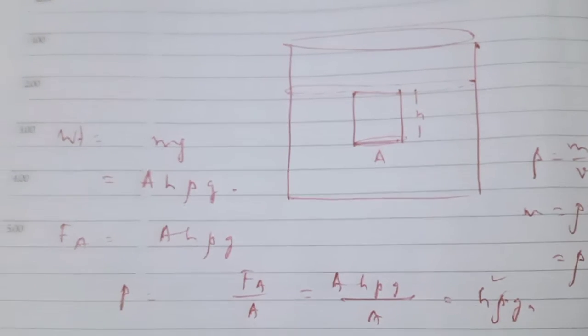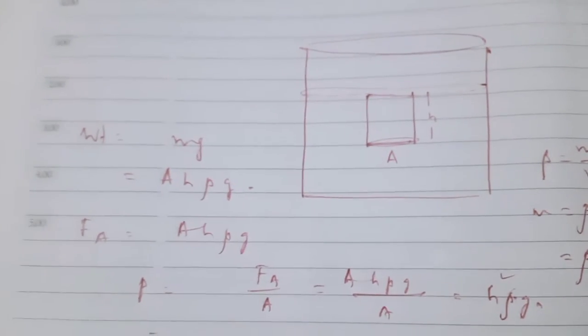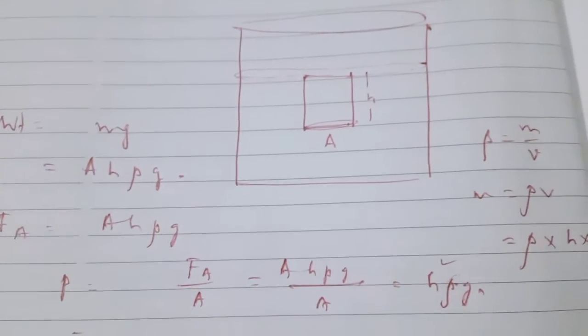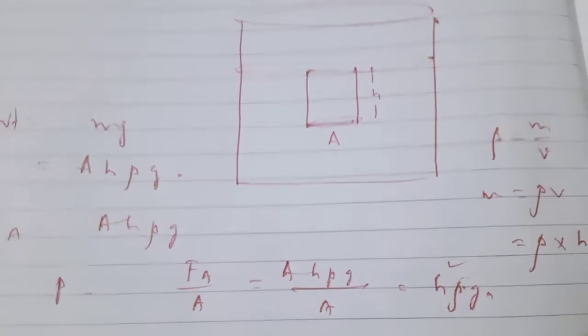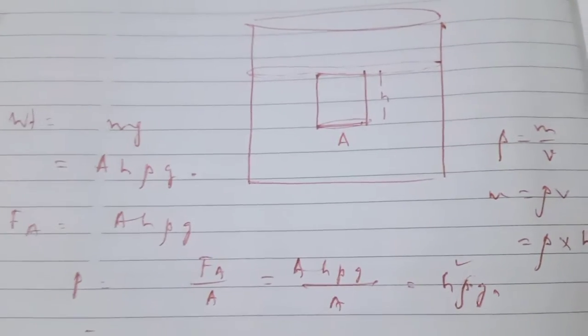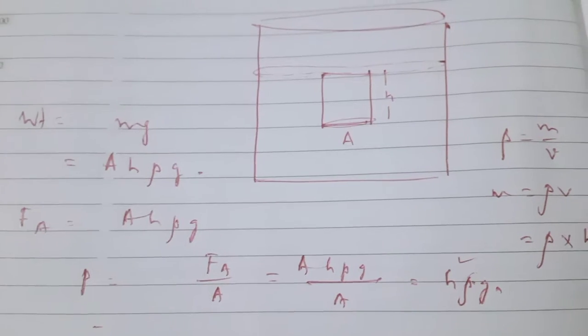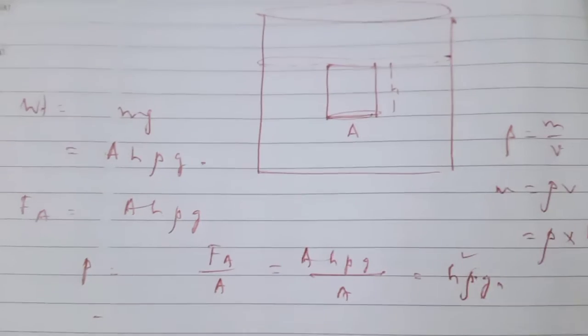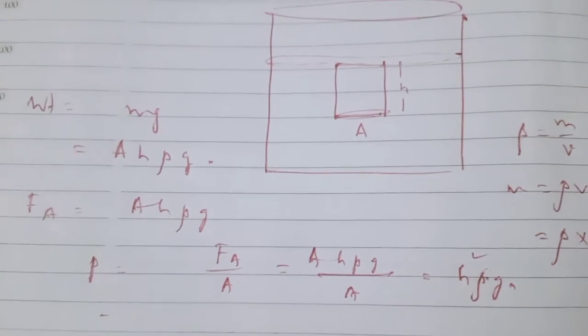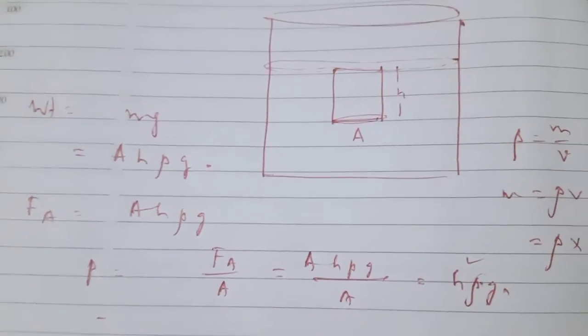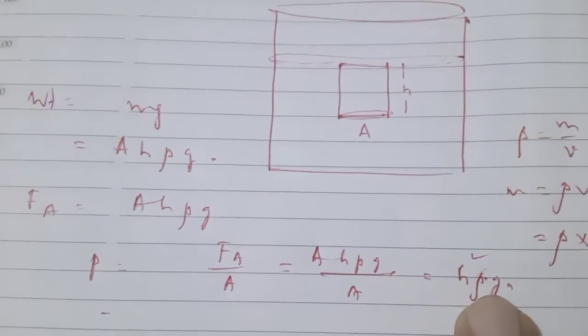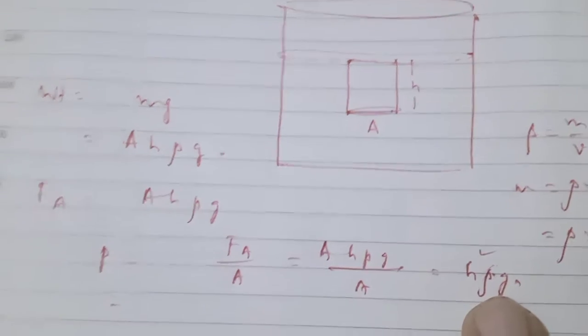So pressure exerted by the liquid depends on depth, density of the liquid and acceleration due to gravity. At a particular place where g is constant, pressure at a point inside a liquid is directly proportional to the depth of the point. When depth is kept constant, it is directly proportional to the density of the liquid.